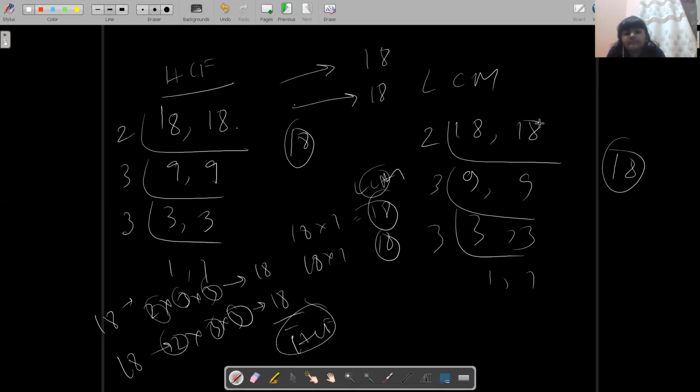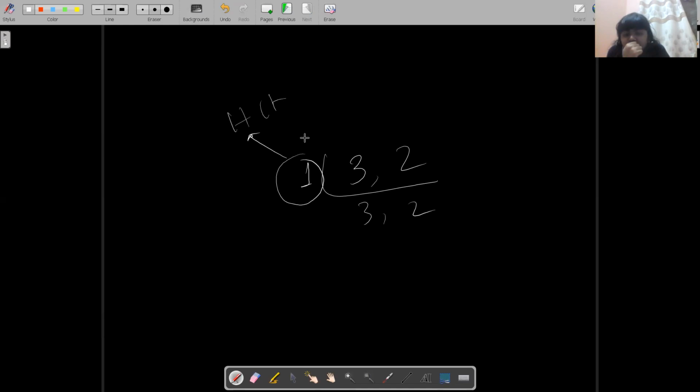And if you have some numbers like 3 and 2 which are not divisible by anything, but are divisible by 1, then we can call 1 the HCF of 3 and 2. And what is the LCM? 1 into 3 into 2, the mechanical way. This is 6.